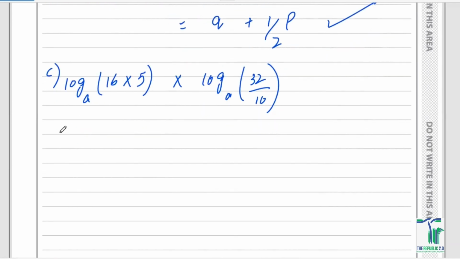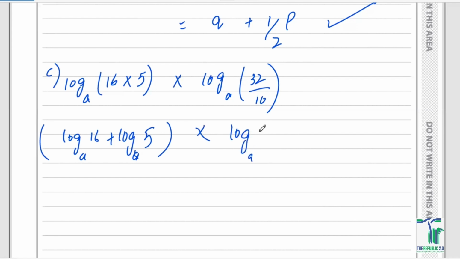So from here you would be having log base a of 16 plus log base a of 5, multiplied by log base a of... 32 upon 10 can also be written as 16 upon 5. So it must be log base a of 16 minus log base a of 5, right? 32 upon 10 is 16 upon 5.